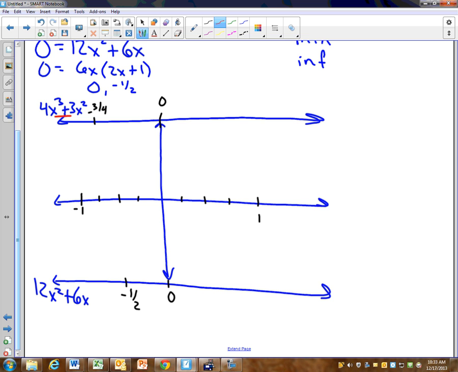What's the number here you'd like to plug in? -1/2. -1/2 to the third is -1/8 times 4. Okay, what's -1/2 squared? 1/4 times 3, 3/4. It's positive.